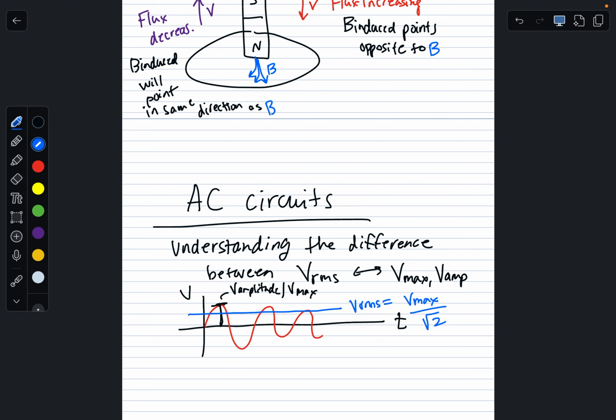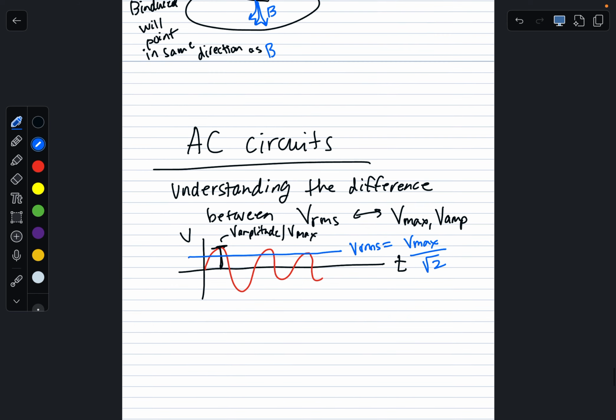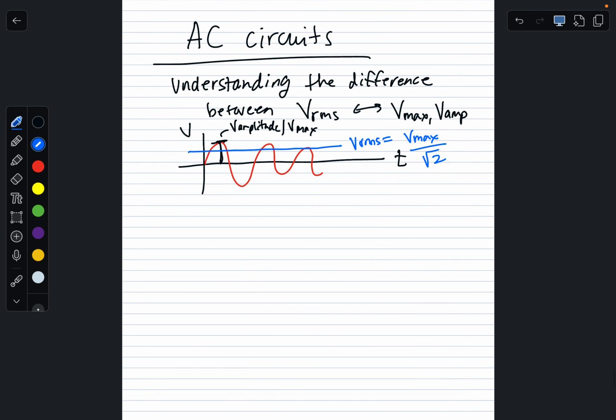Okay, and the same goes for current. Same relationship. The RMS current is equal to the amplitude divided by square root of 2.